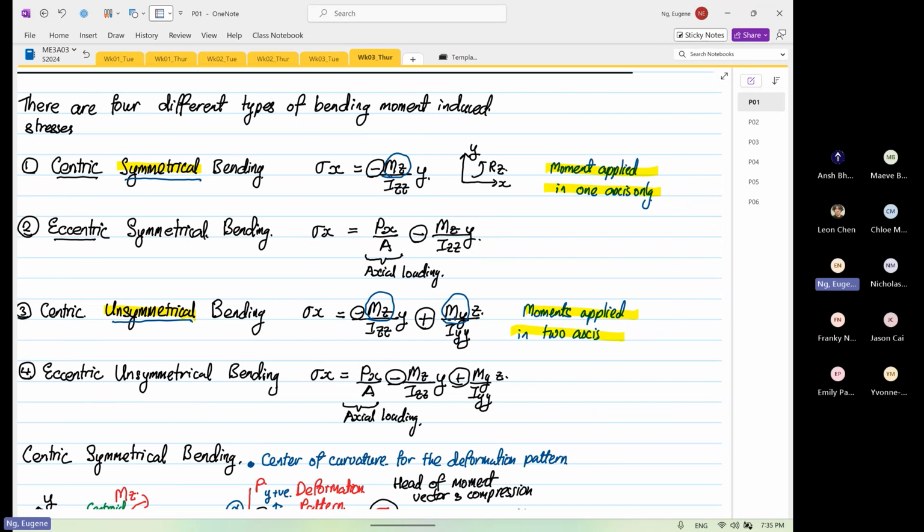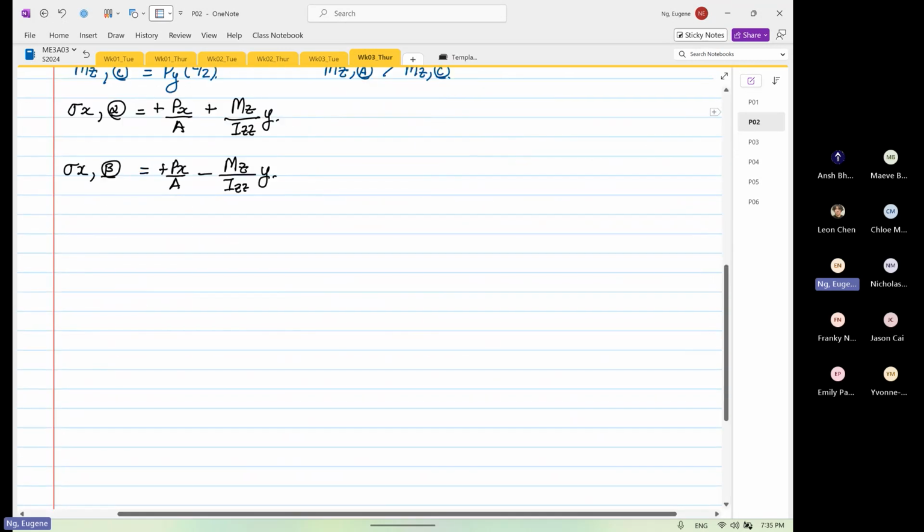But it's more than that. Okay, it's more than that. We know if it's two moments, it's unsymmetrical. But I want you all to look at this situation where I'm going to draw my loading, which is different. Okay, so we have two different loading conditions.